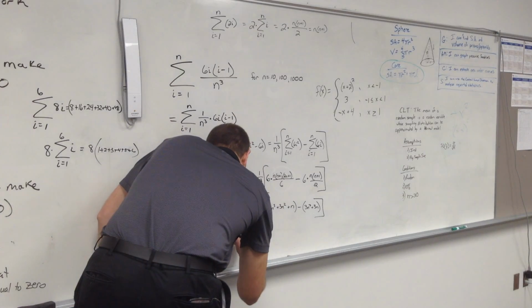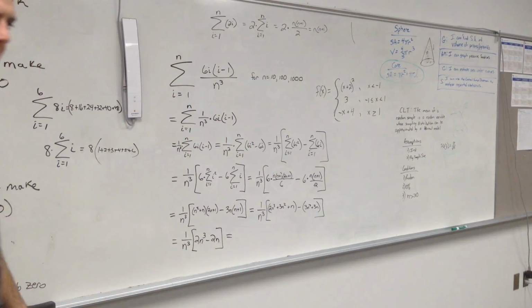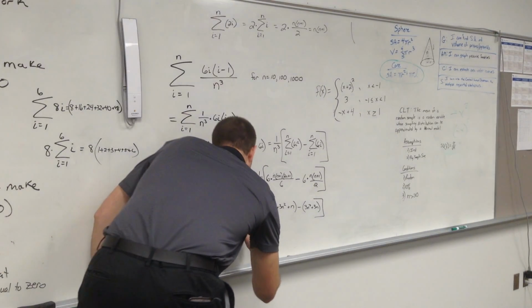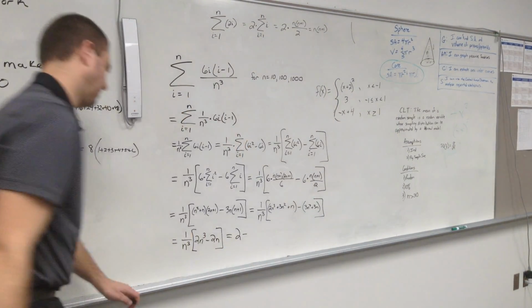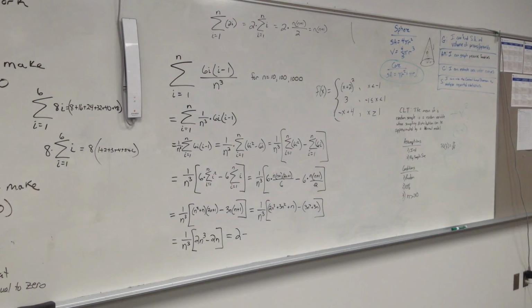Look at how easy this is going to get. Now distribute your 1 over n cubed. So I get rid of the cubes, so 2 minus 2 over n squared.